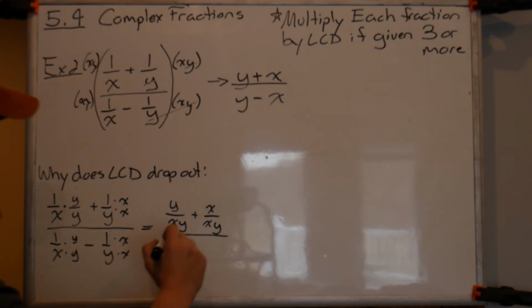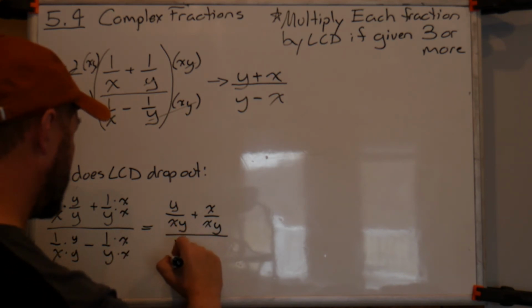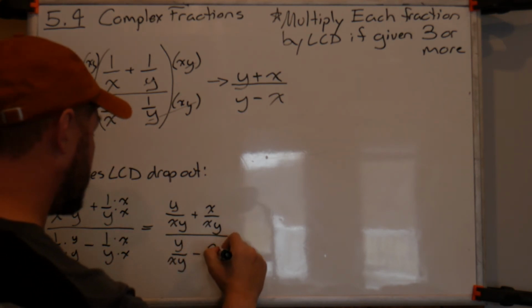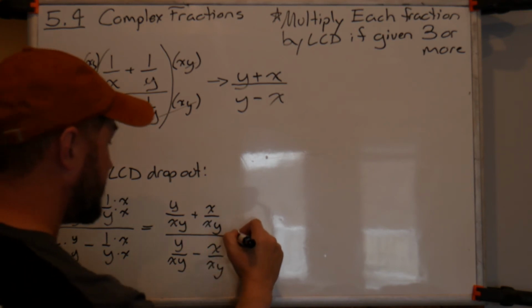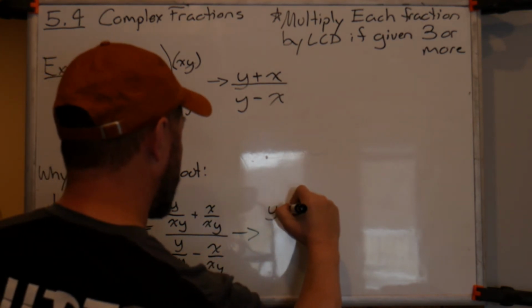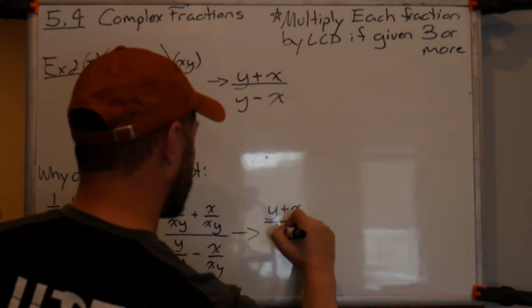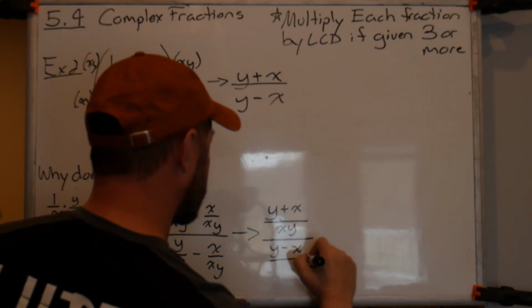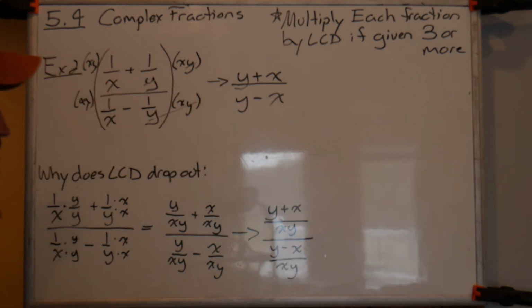Down here, I multiply both by y to get my y over xy. And here, I'm missing an x. I multiply each one by x to get an x. Then what happens with that is I would have y plus x over xy, over y minus x over xy.